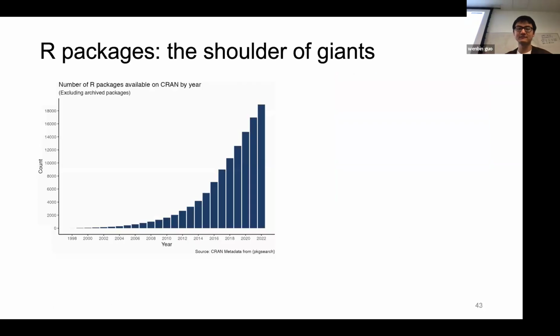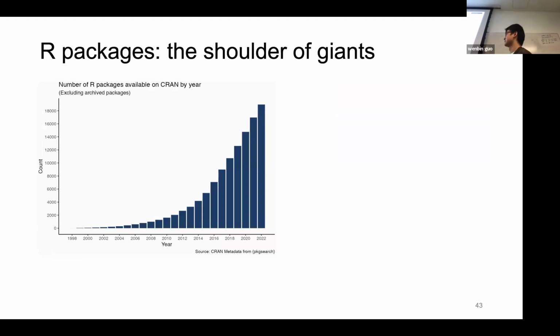Here, it's the number of packages on CRAN across the years. You can see that at the very beginning, in the early 2000s when R was first invented, there were very few packages.